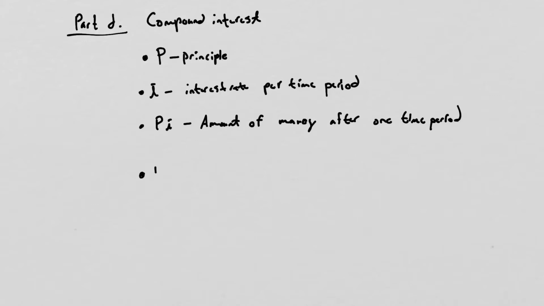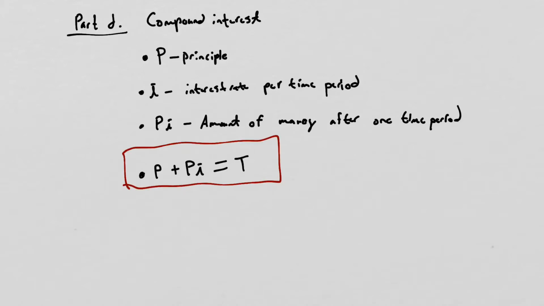If we add our principal along with the amount of money gained with interest after one time period, we're going to get the total amount of money gained for that given time period. If we wanted to reinvest this money again, then we can use this formula recursively. So our new principal, if we apply it to this formula, is going to be given by, again, P plus PI. This is our new principal after reinvesting our money.